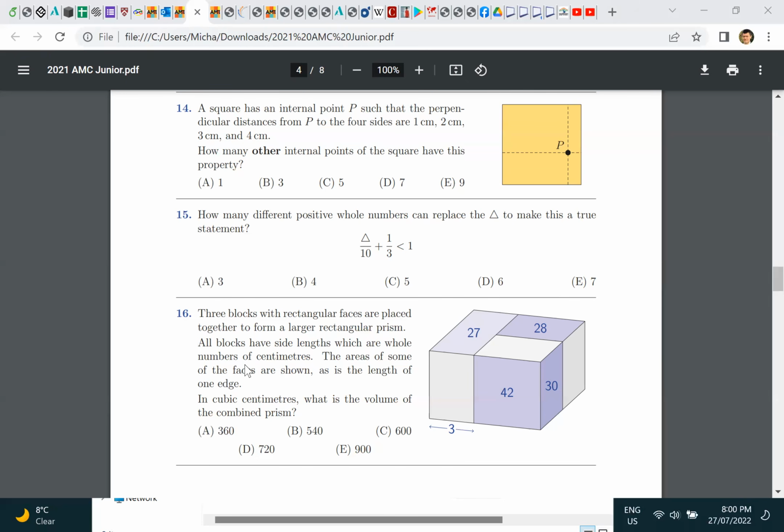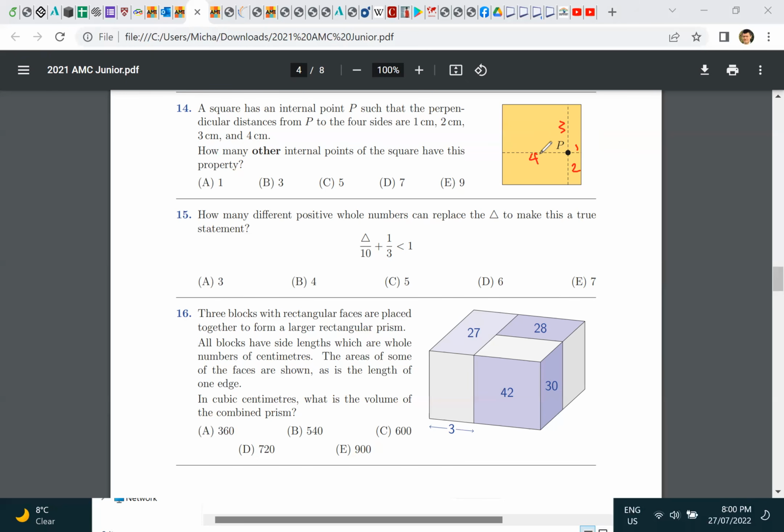So let's see if this is 1, 2, 3, 4, yeah? If those are the lengths, then that forces it to be a square, which is 5 by 5, yeah? Okay.